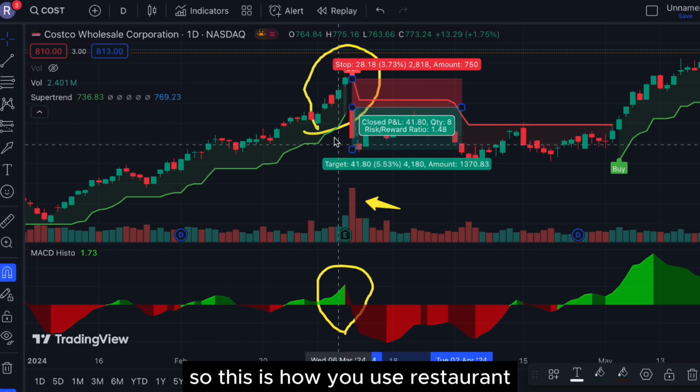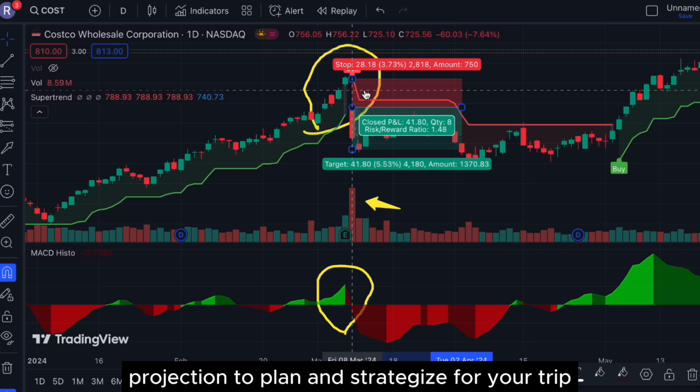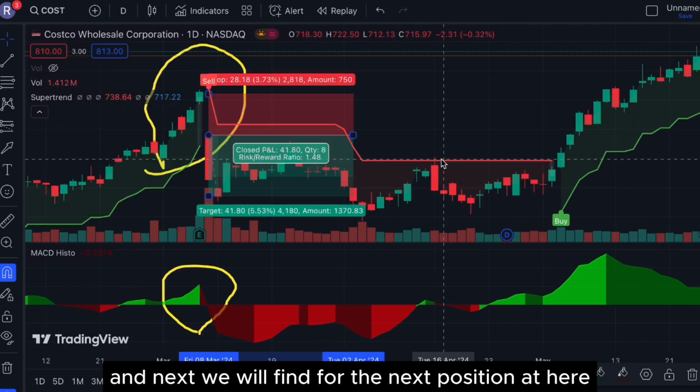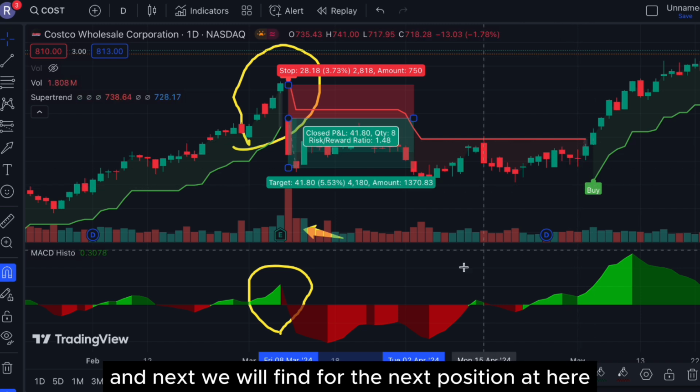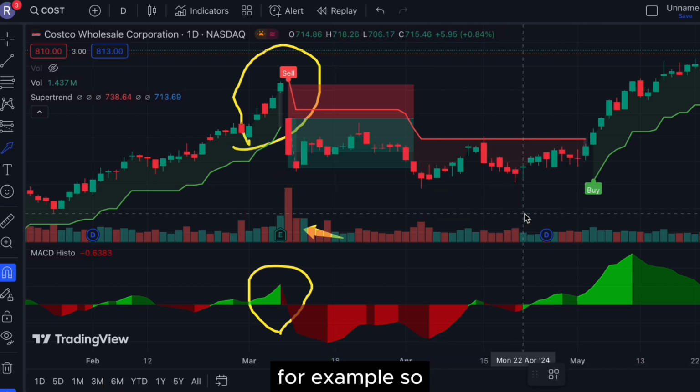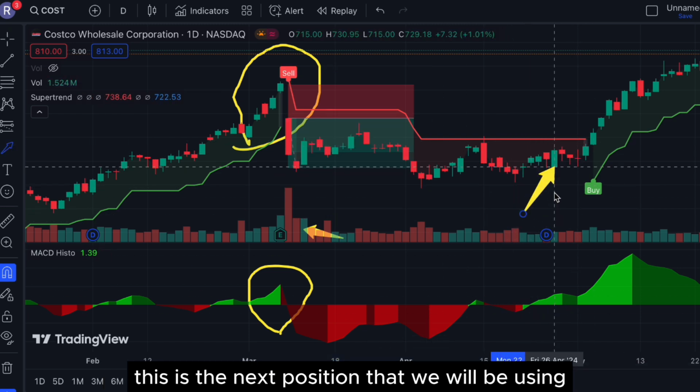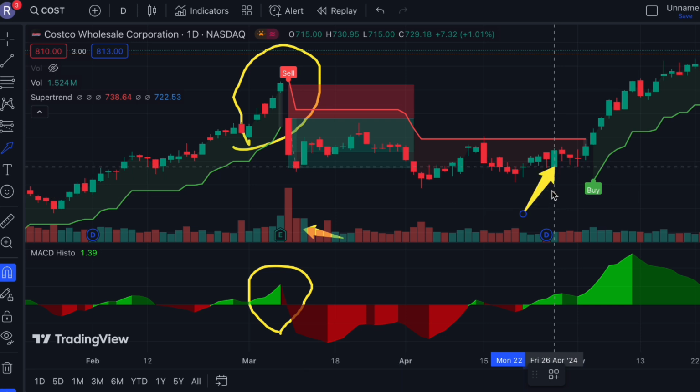So this is how you use risk reward projection to plan and strategize your trade. And next we will find the next position here, for example. So this is the next position that we will be using for study at this area.